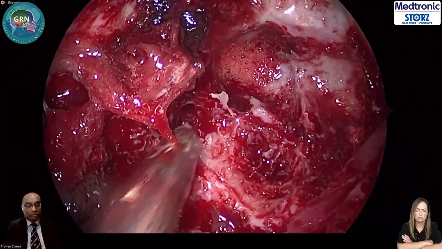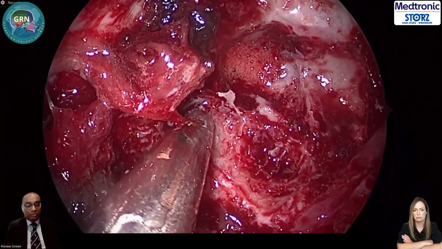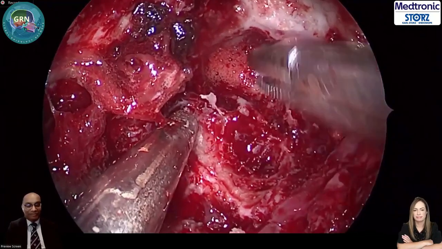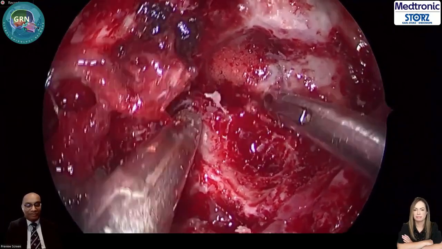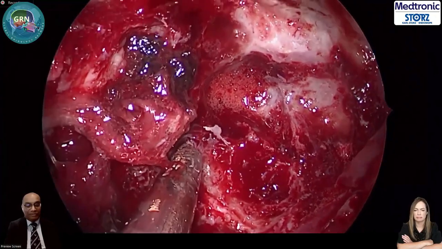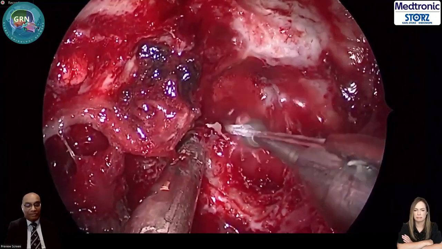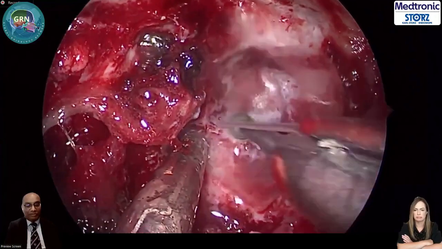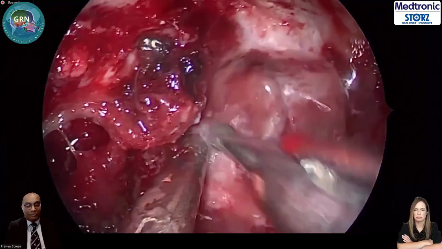There's one sitting here. Drill. So these are the small ones which cause problems post-operatively. I'm drilling off the clival recess now.